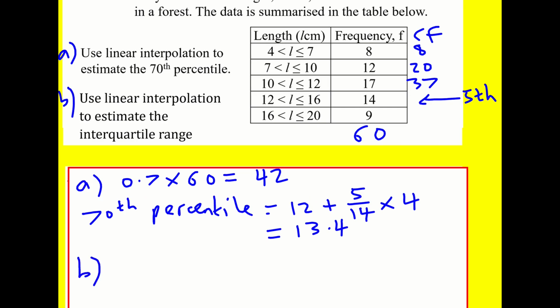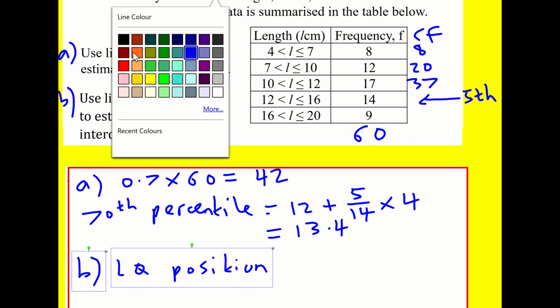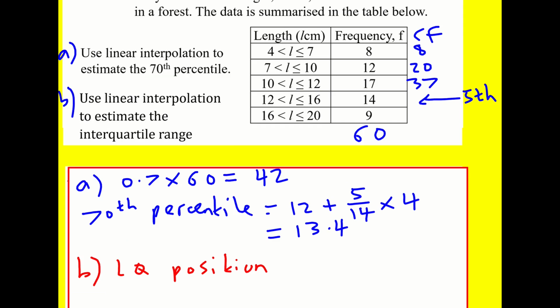Okay, finally, interquartile range. So for the lower quartile position, I think I'll do this in a different color just to make it clear. Okay, it's going to be 0.25 of the way through the data, or 15.